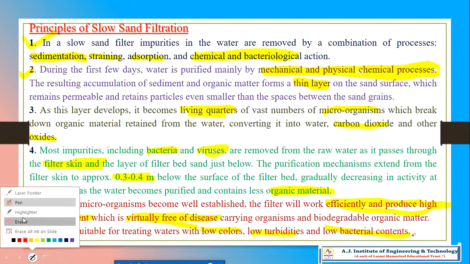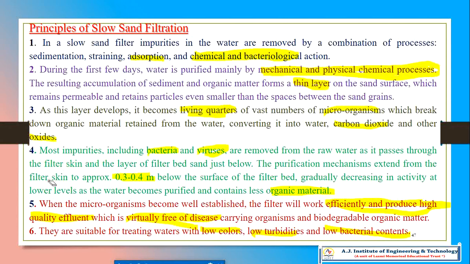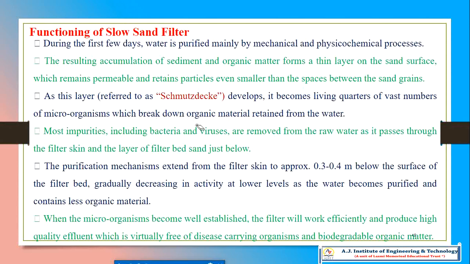Wait a minute, I'll erase this. We already discussed the principle behind how the filtration will work, which we covered in a small slide. It is a very important concept. And one more thing is the function of the slow sand filter.